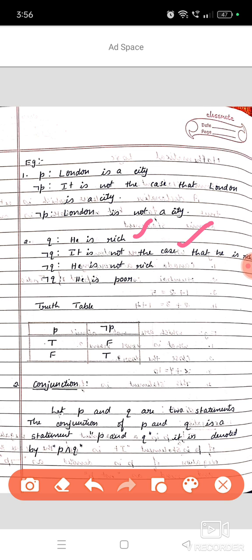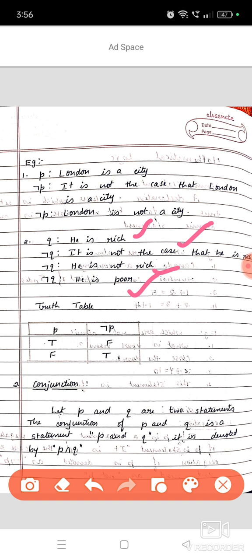Or else we can use the word not: he is not rich. And we can even write its opposite. If he is not rich, he is poor. The statement he is poor is also a negation of he is rich.